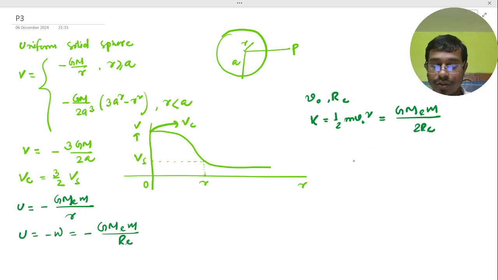This is the kinetic energy of the satellite, and the potential energy U would be minus G Me m by R.